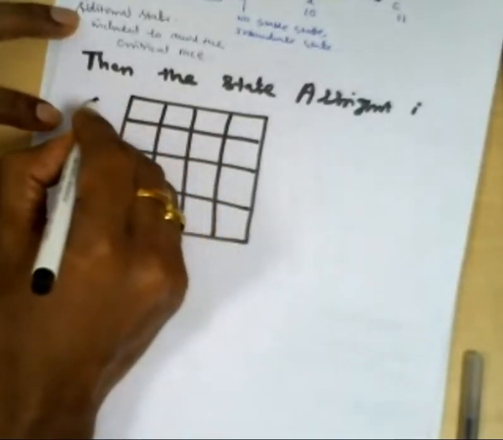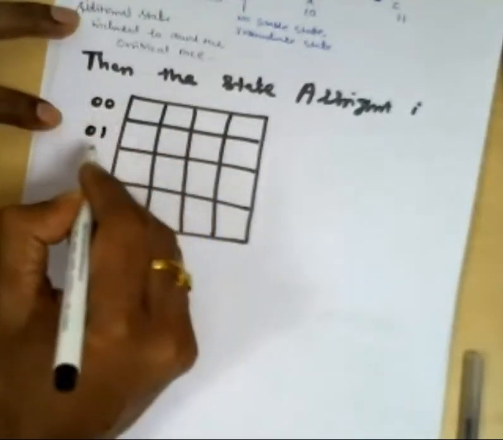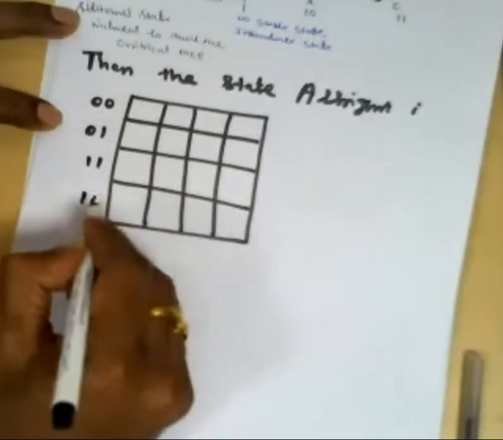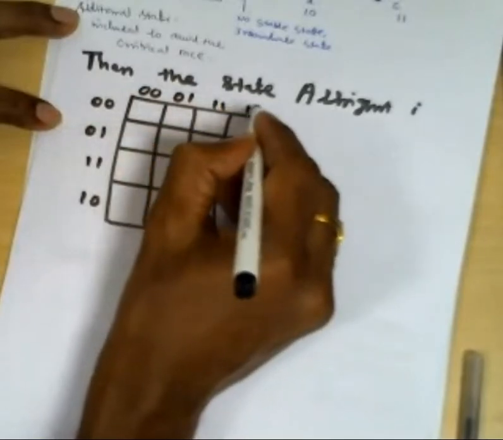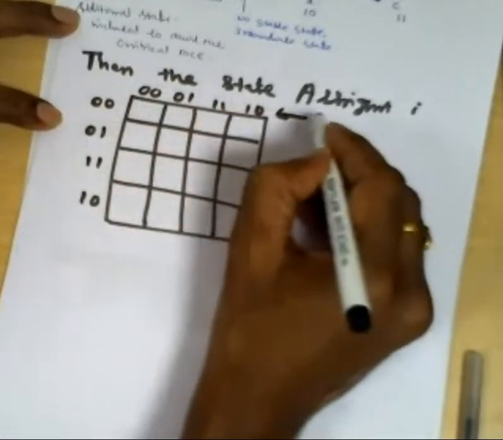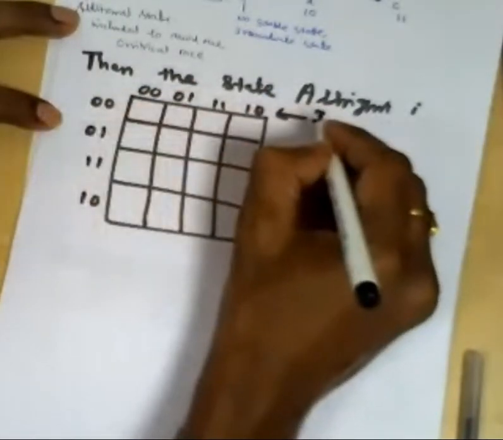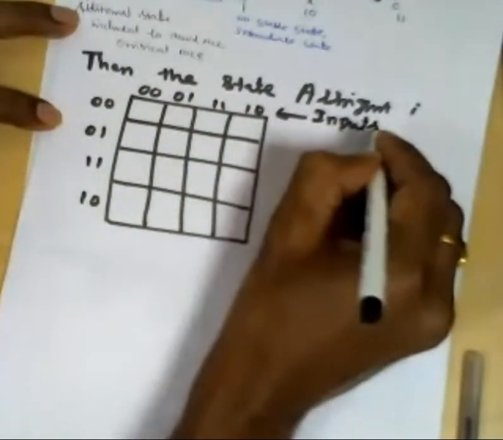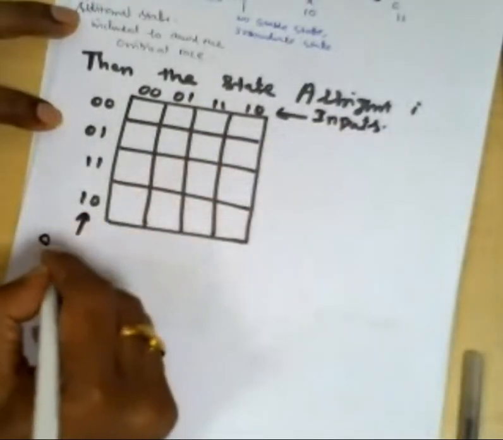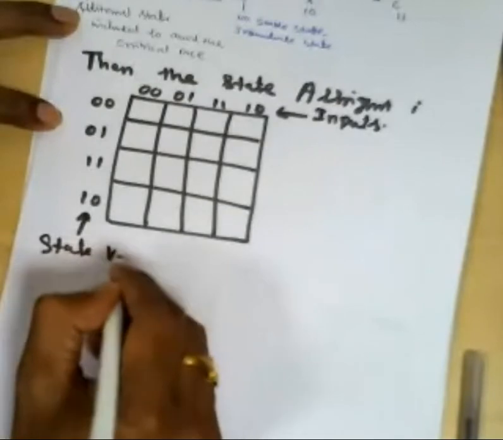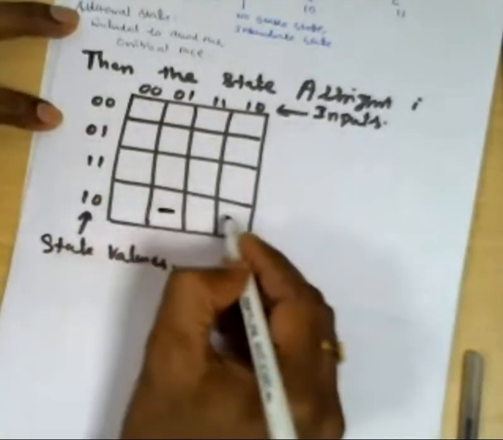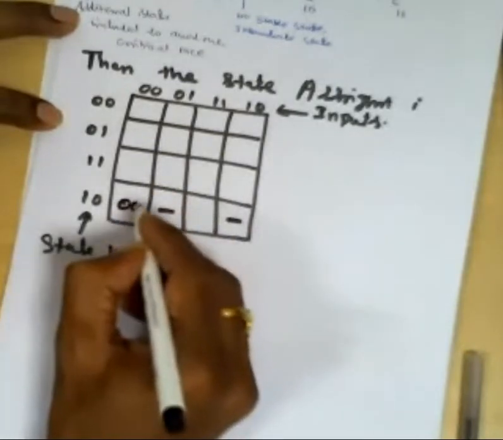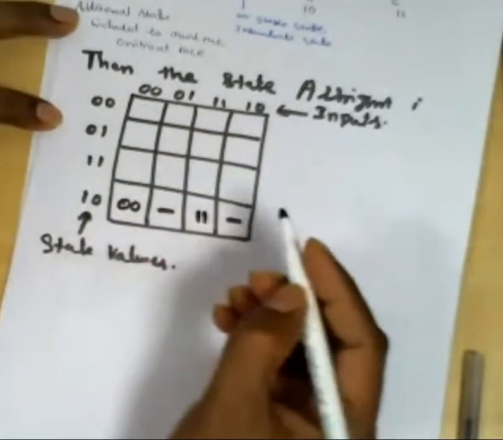A is nothing but 0, 0, 0, 1, 1, 1, 1, 0. This is input 0, 0, 0, 1, 1, 1, 1, 0. This is input, right? We should not confuse this one with this one. This is inputs. This is the state values. This is a don't care.